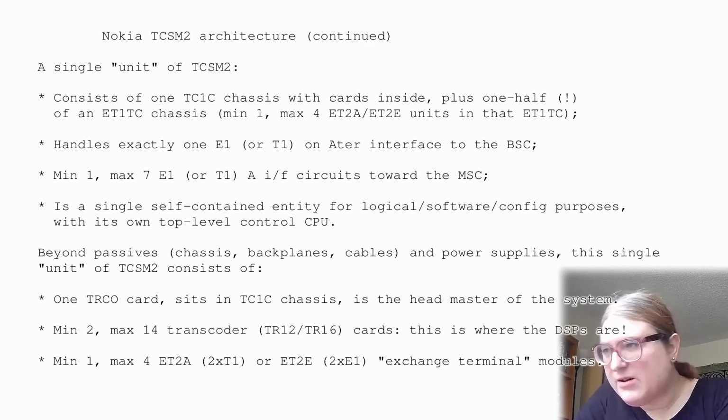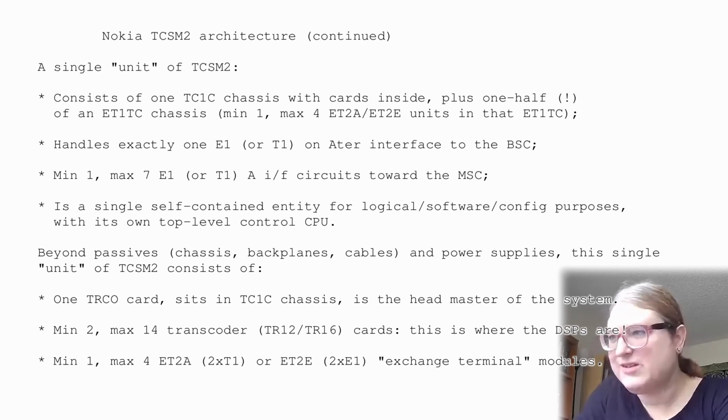Let's see, more on architecture. I posted these slides ahead of time, so hopefully some people read them already to get a better idea of what the architecture of all of this is. Logically, we're just looking at a single unit here.